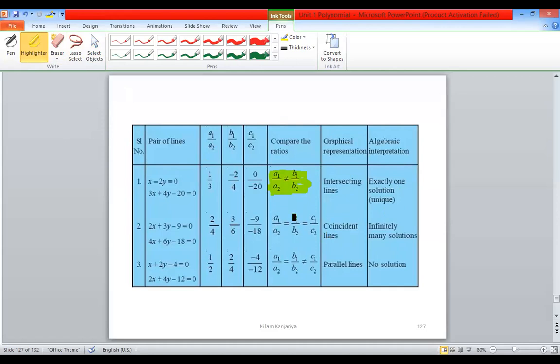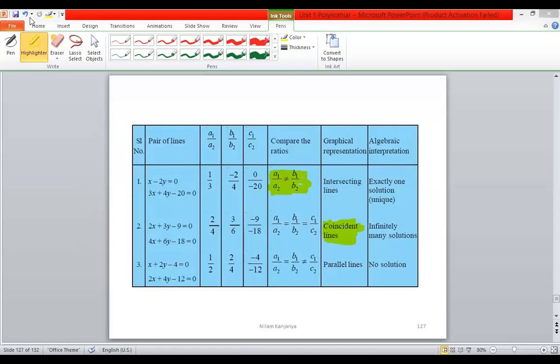When the three ratios are the same, you can say it is coincident. Coincident means it has infinitely many solutions. And for the last, when such a condition is satisfied, you can say the lines are parallel. That means it has no solution.